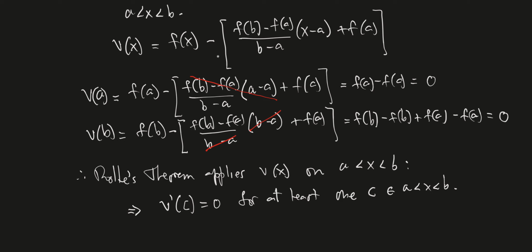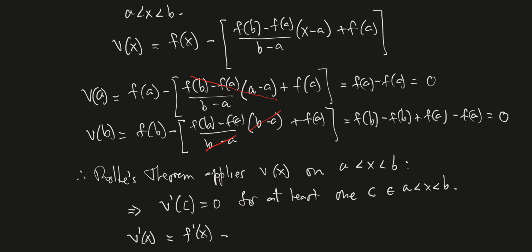Well, let's see if we can write down the derivative of this. Now, again, don't overly complicate it. So v prime of x: taking the derivative of this will give me f prime. I'll bring down the minus. Now, this is simply a number that's multiplying this linear function.